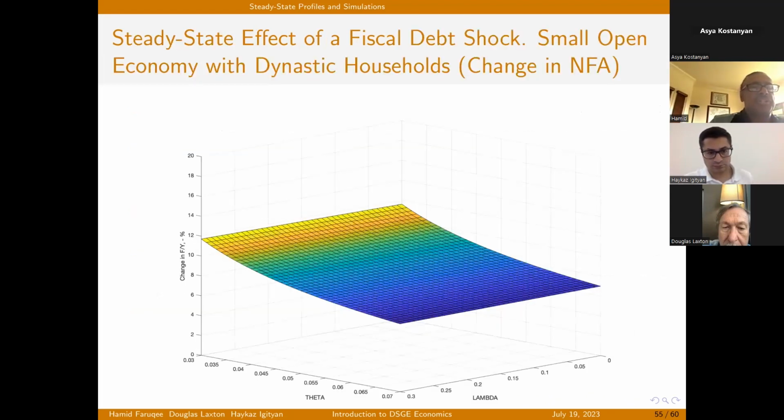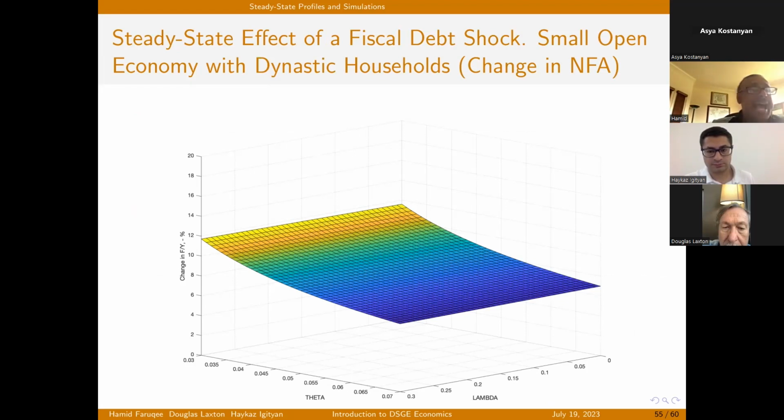So this shows you the changes in NFA. Again, in the dynastic case, this is, I think, probably with log utility. We're looking at different values of theta, which was related to the rate of time preference, and lambda, the share of liquidity constrained consumers. And here the changes in NFA for a 10% of GDP debt shock.